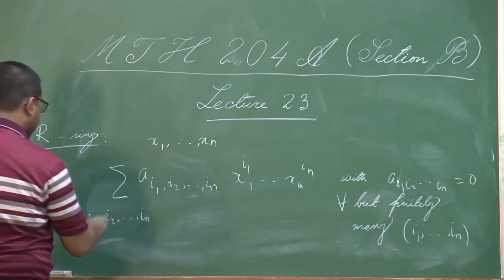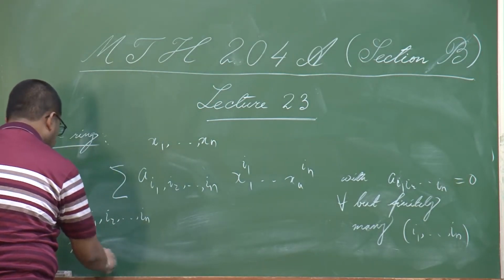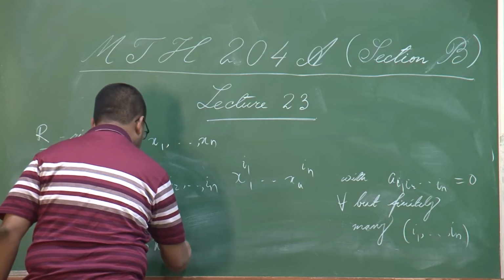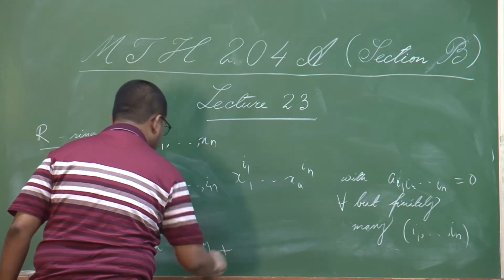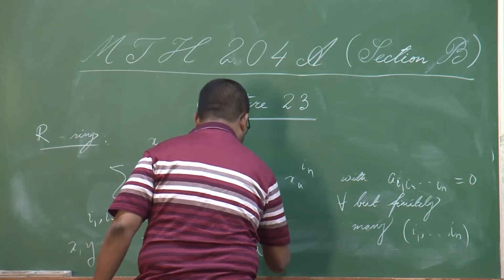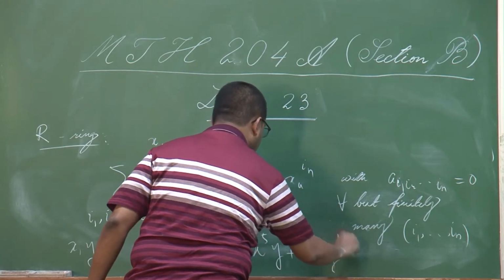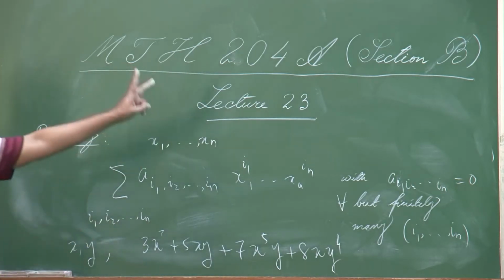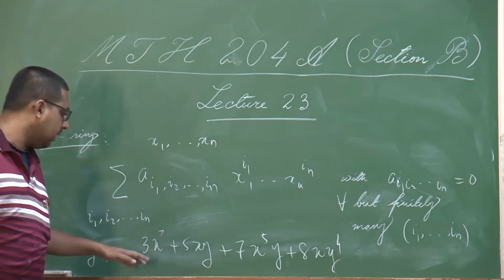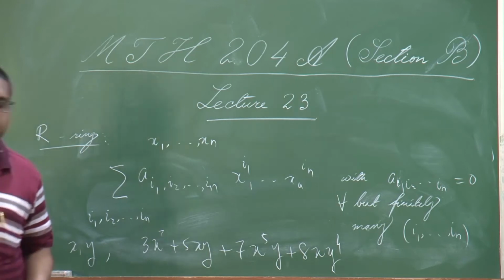For example, in two variables, if we fix x and y, then 3x^2 + 5xy + 7x^5y + 8xy^4 is a polynomial in the variables x and y, in fact over the ring Z.